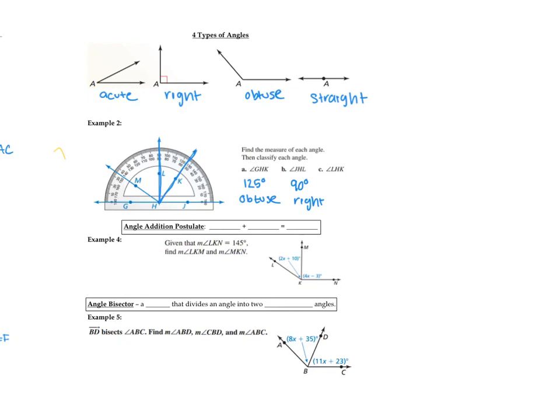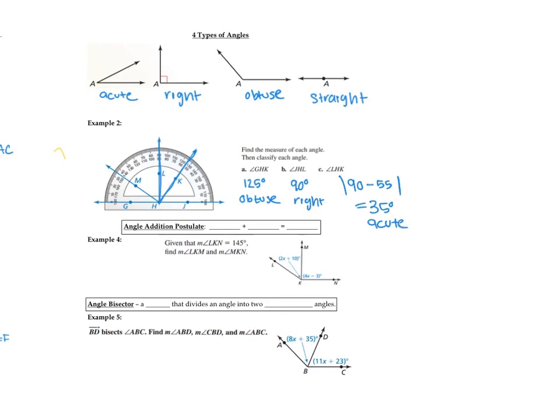I'm actually using the inner portion. My L is at 90 degrees, so 90 minus 55, and I'm going to make sure to take the absolute value of that because remember, measurements cannot be negative. And then this equals approximately 35 degrees. That is less than 90 degrees, therefore this is an acute angle.